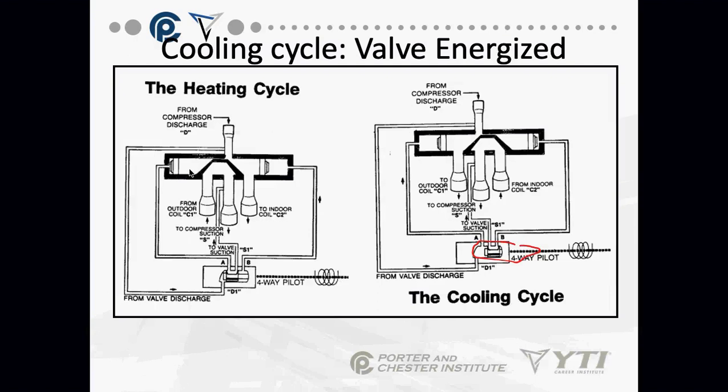This has moved, and if you look closely, you can see the slide has moved from the left to the right of this. So we now have our suction gas from the indoor coil to the compressor, and my compressor discharge going to the outdoor coil. Again, it's all based on the position of this slide inside here.